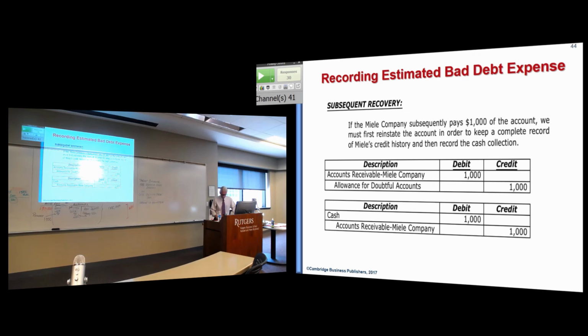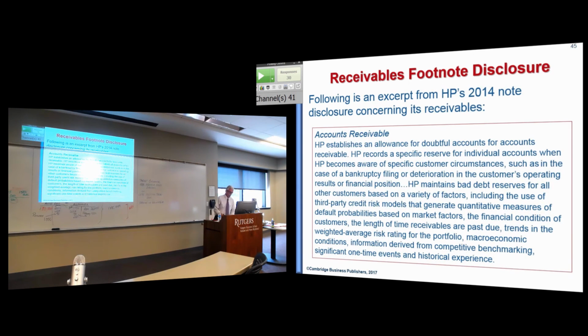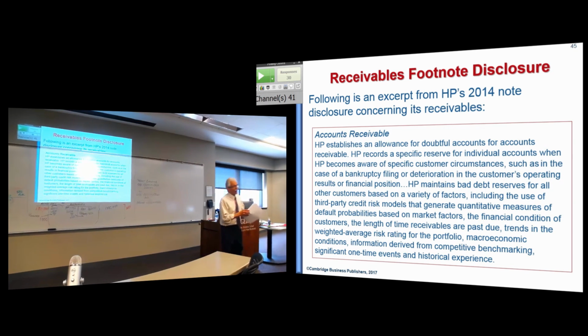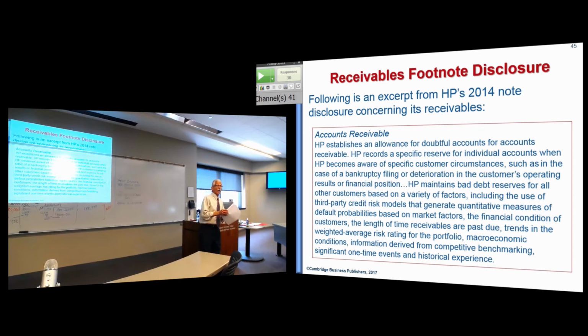All right, the first thing is, if you look at this footnote, it will tell you, and I'm just going to read it and tell you what's in here, because in reality, companies do not simply use flat percentages. They might use them as guidelines, but the bottom line is they're going to look at specific accounts and run other metrics. First of all, it tells you they establish an allowance for doubtful accounts.